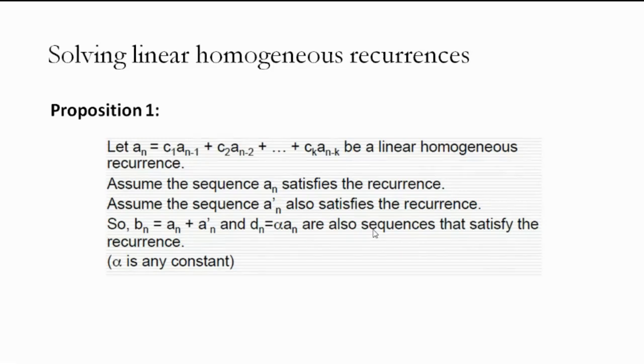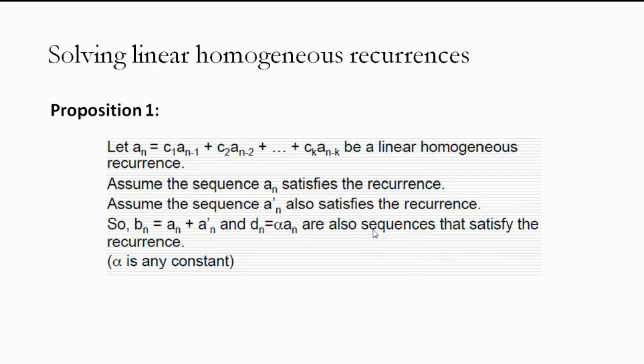Assume the sequence an satisfies the recurrence. With the proposition we come to know that an satisfies it, but you take another one, called an dash, which also satisfies the recurrence.